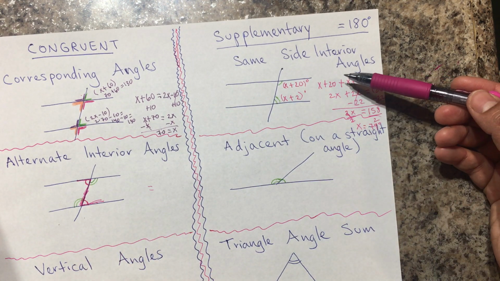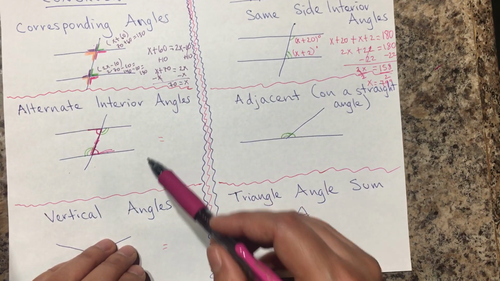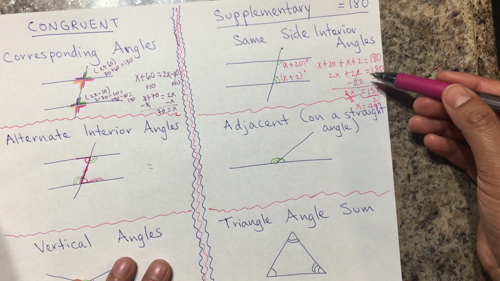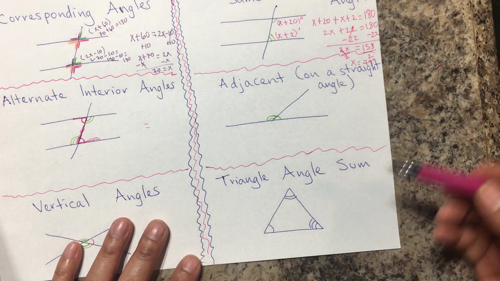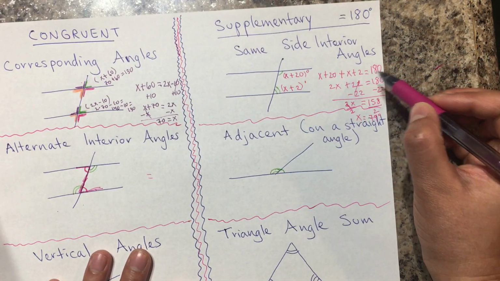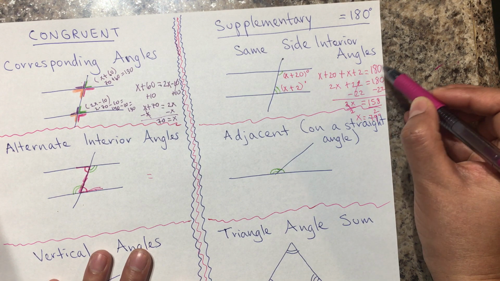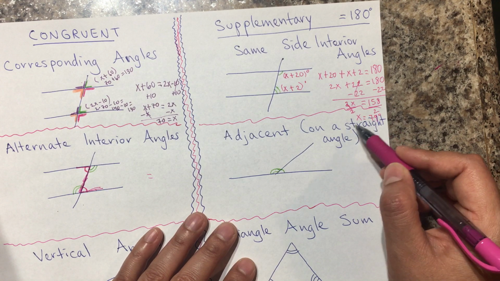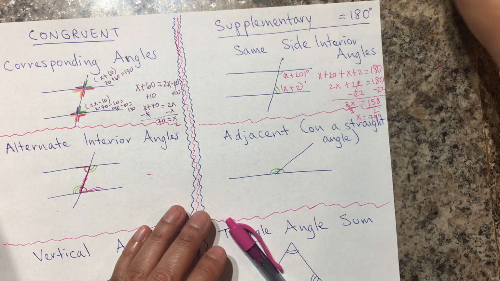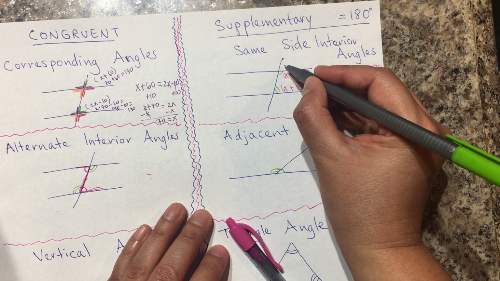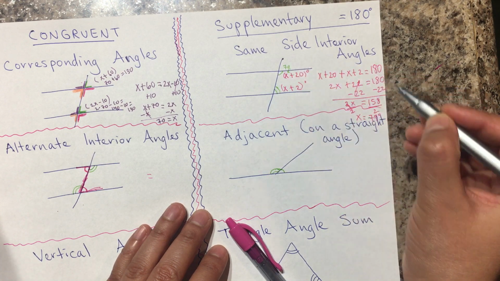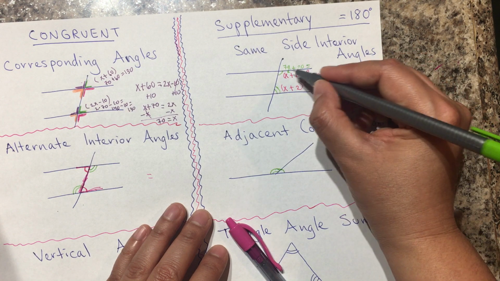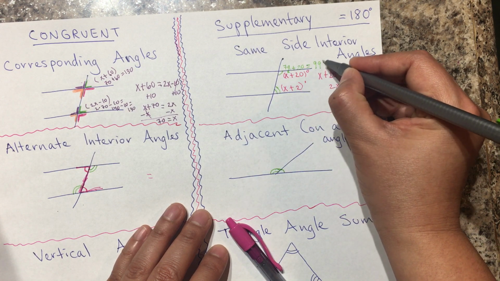Okay, so again, if it's one of these types of angles, you put an equal sign in the middle. If it's one of these types of angles, you put a plus sign in the middle, put equals 180, and then start solving for the value of x. Now what this means is that I can replace the x with 79, that's the value of x, plus the 20 here, that's going to be equal to 99 degrees.